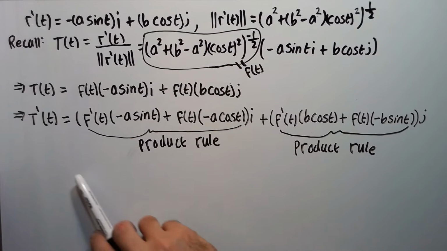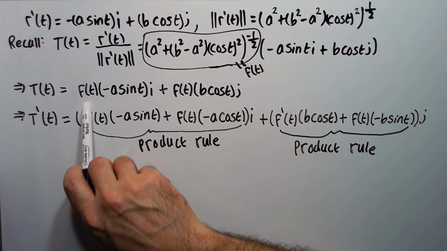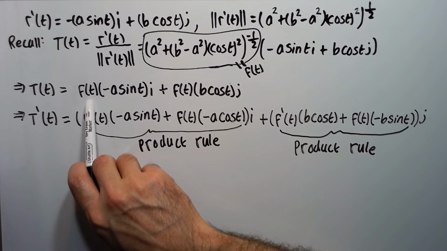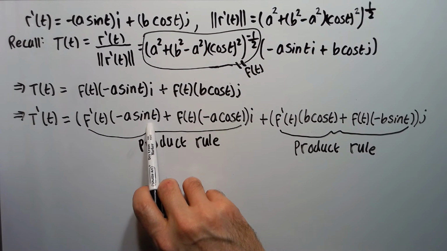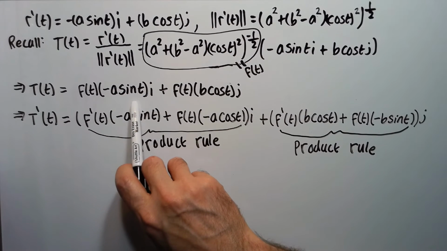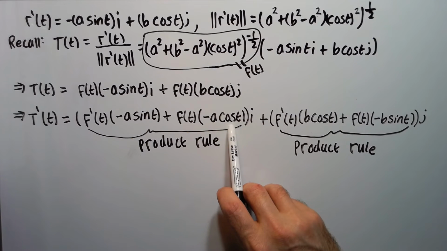Okay, so taking derivative, I'm going to have to use the product rule on this first one. So the f is my first function, the negative a sine is my second function. So the derivative of first function, so f prime times second, negative a sine of t, plus first f of t times derivative of second. The derivative of sine is cosine, so it's going to be minus a cosine t.